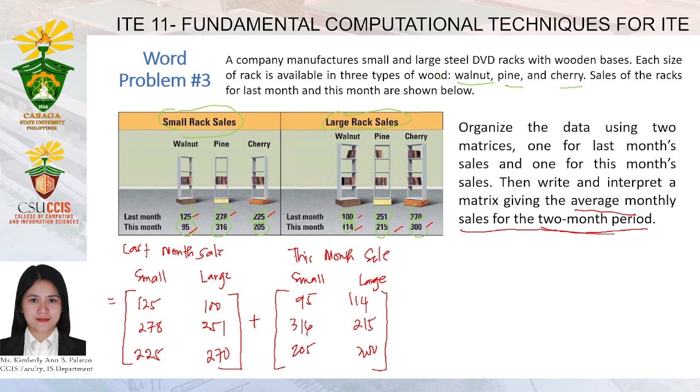So, let us total this one. So, imo siyang i-add, no? So, 125 plus 95 is 200. Ako na lang idiretsyo sulat diri class ha, kay wala namang go space. 200. And then, 278 plus 316 is 594. 255 plus 205 is 430.